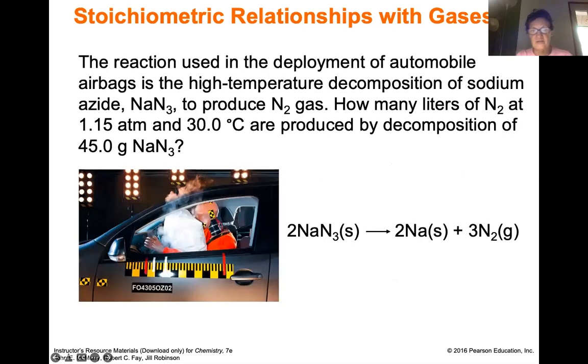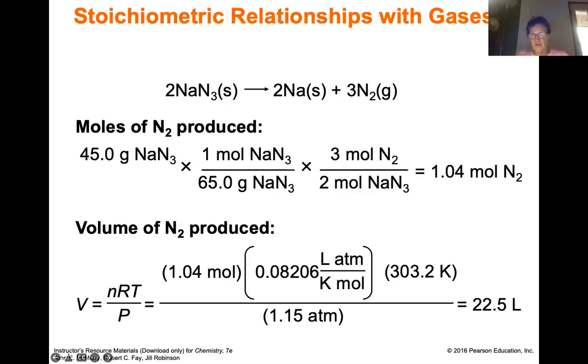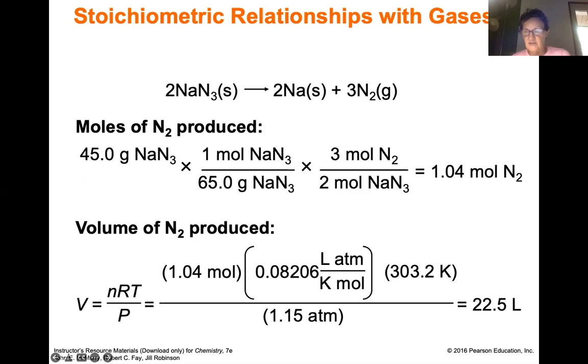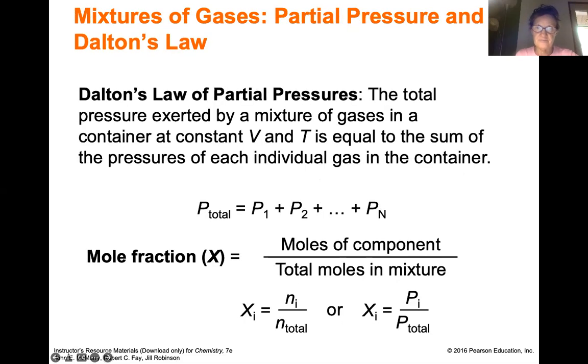It's set at 30 degrees Celsius. So you add 30 to 273, so 303.2 Kelvin. And the pressure given was 1.15 atmospheres. And so you end up with 22.5 liters. So you start out with a little bit of a solid and you get a large volume, which can fill that airbag and protect you from hitting your head.